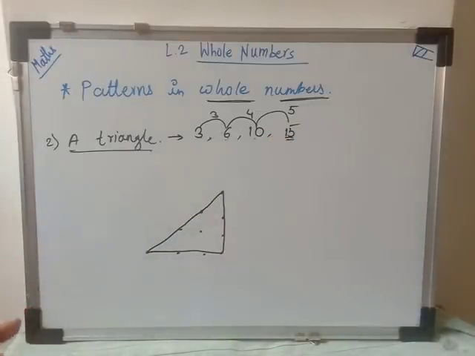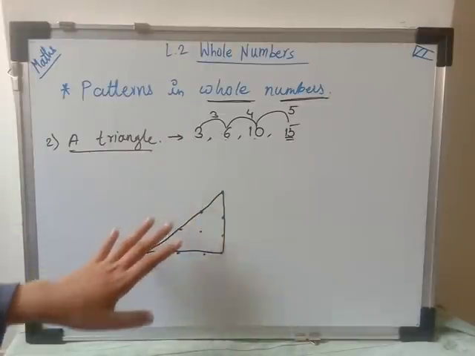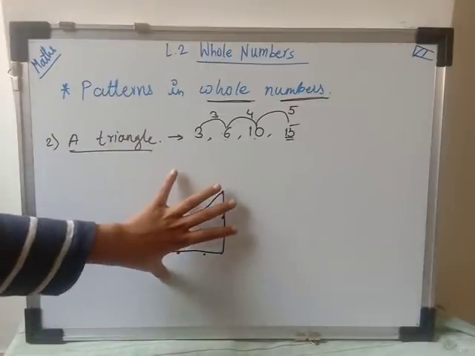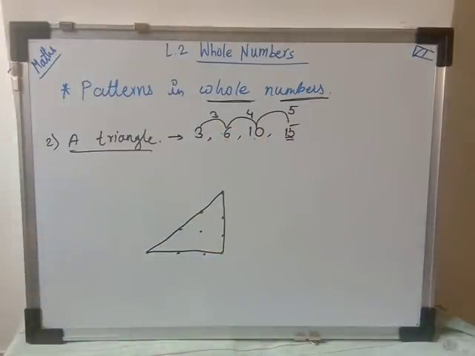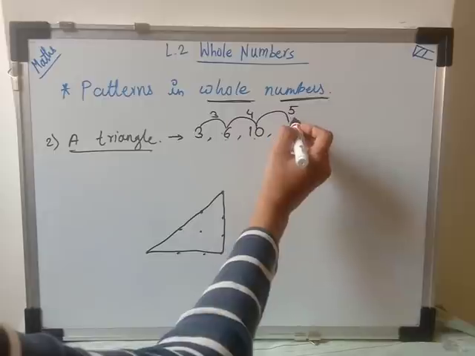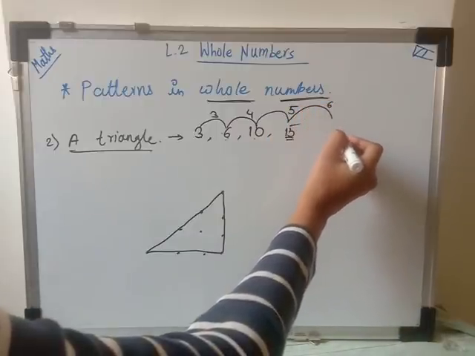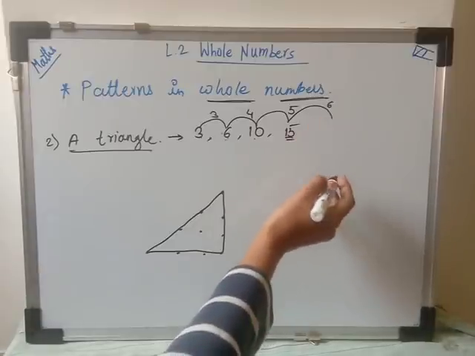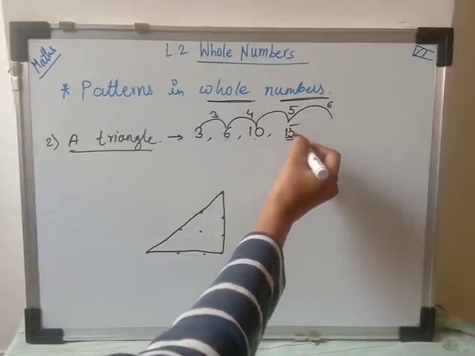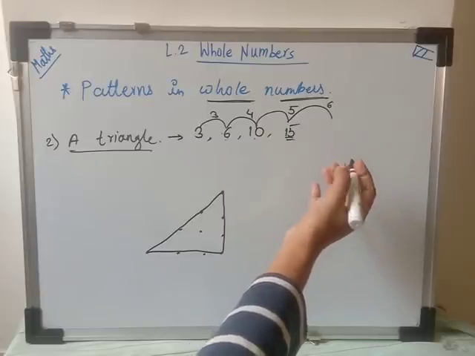Okay, so you just try it. Arrange the 15 dots in such a way that you can make a triangle. I'm going to arrange the dots for 15. After 15, the difference will be 6, so just count 6 times after 15: 16, 17, 18, 19, 20 and 21.